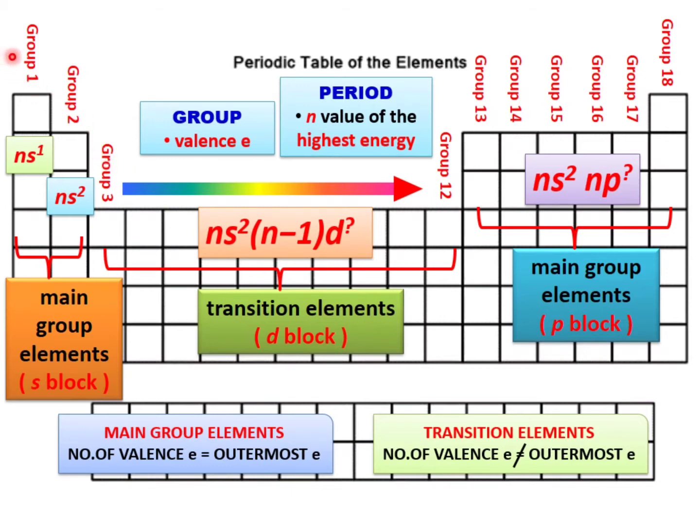Okay, if we look at group 1, group 1 biasanya nanti dekat electronic configuration dia, dekat belakang sekali akan berakhir dengan s1. Okay, for example, I give you sodium. Contoh kalau kita ada sodium, sodium proton number adalah 11. So I write the electronic configuration for sodium first.